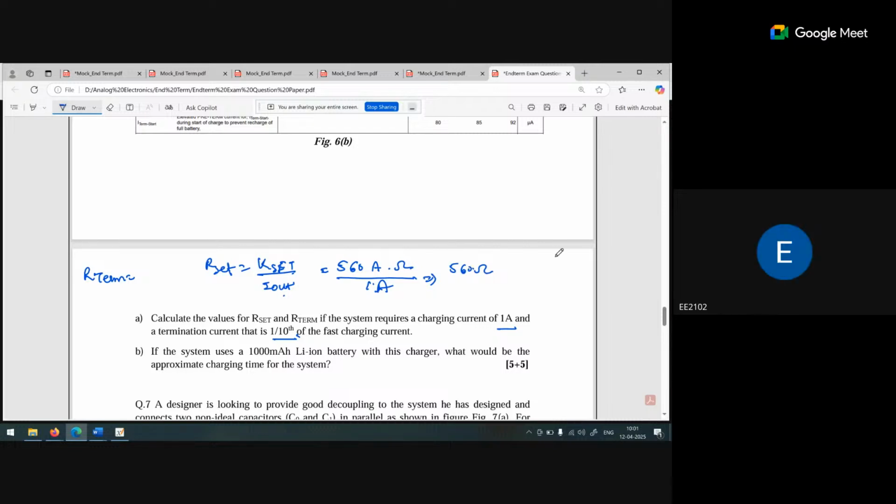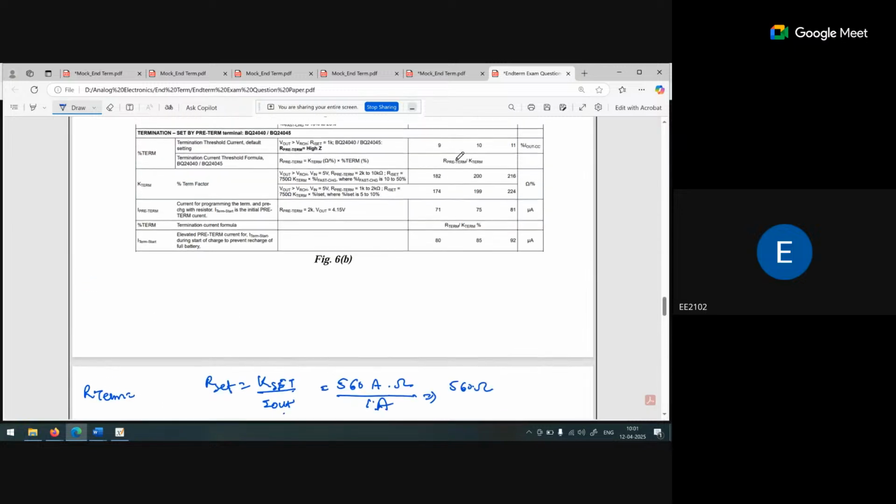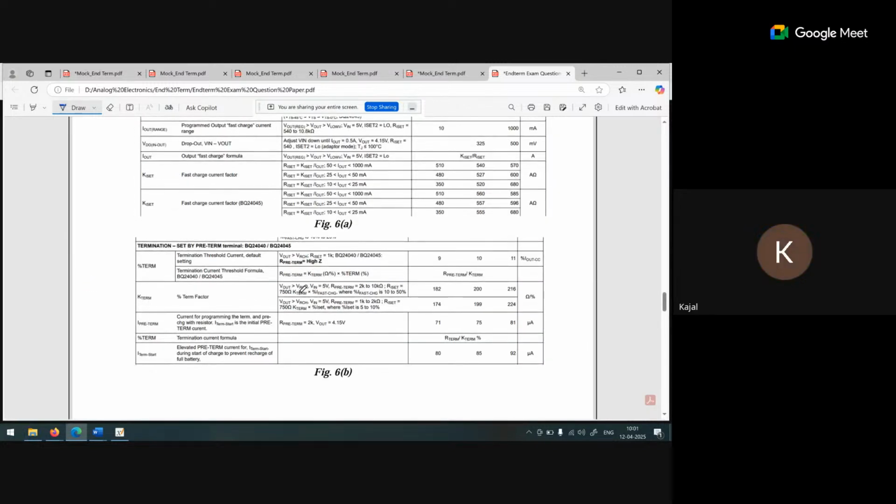Okay, now what is the K R term? Sir, to find R term, we would have to find the percent I term and then multiply K term with it. So we have R term equal to K term multiplied by the percent term.